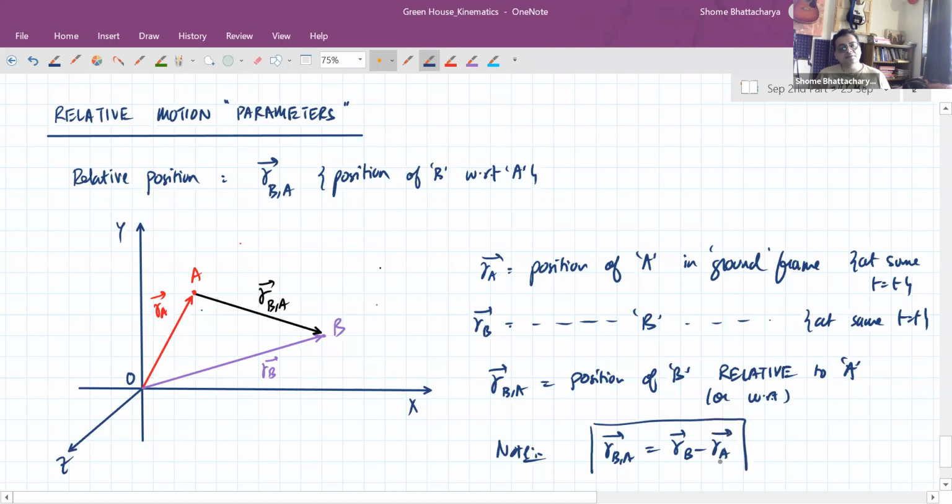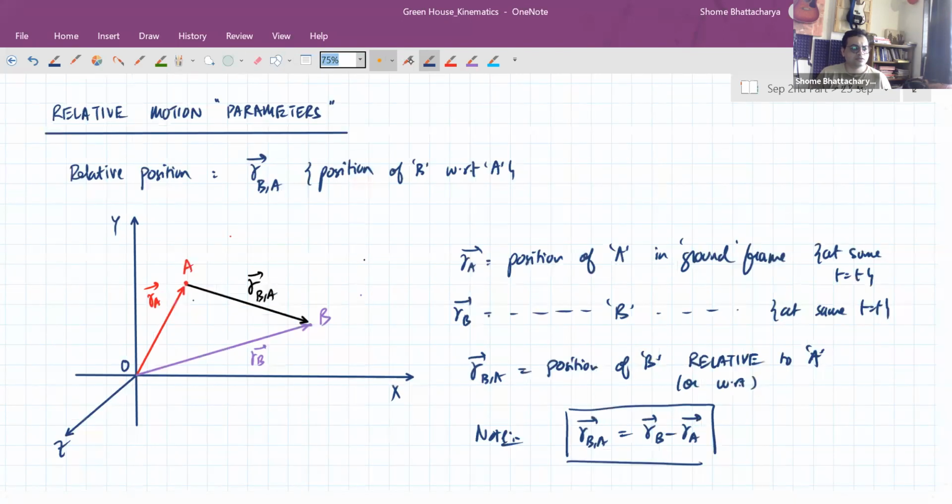They're forming a vector triangle. RA and RB are drawn from a common origin, and the third one is the vector from the head of A to the head of B. You can use the triangle law for the difference of two vectors, or even the parallelogram law. Whichever law you use, the vector we've drawn is the difference RB minus RA. So now this becomes a vector definition.